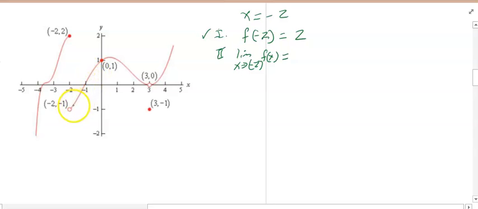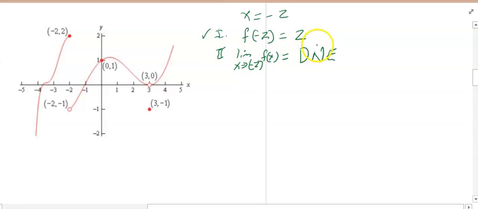And as we approach -2 from the right, the limit of the function is equal to -1. So this does not exist. The limit does not exist because the limit as we approach from the left is different from the limit as we approach -2 from the right.